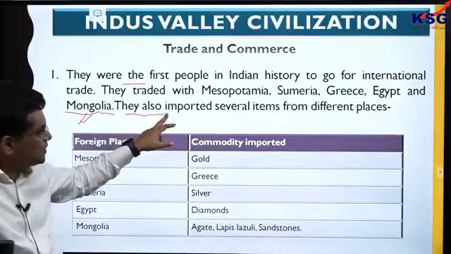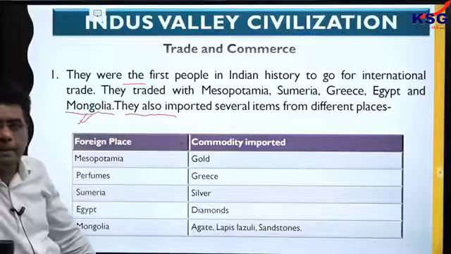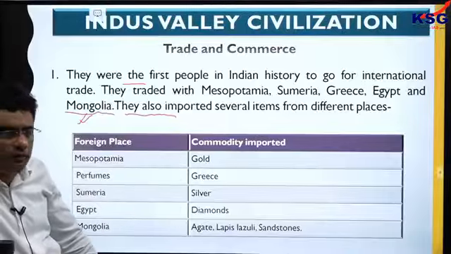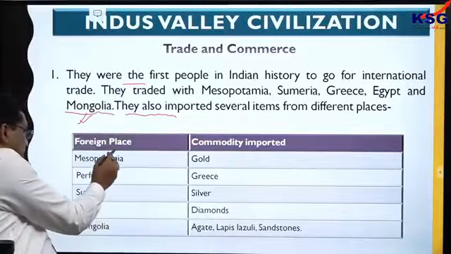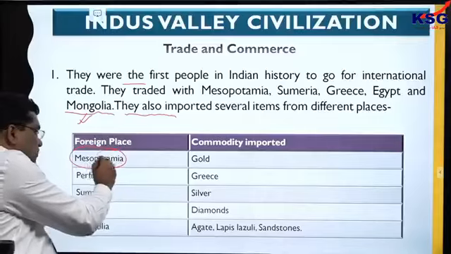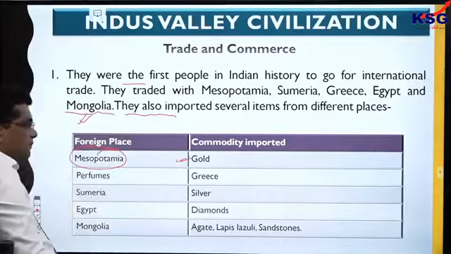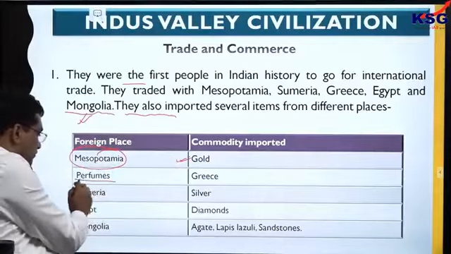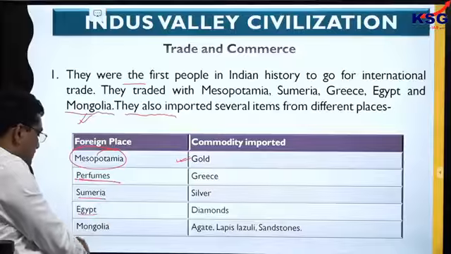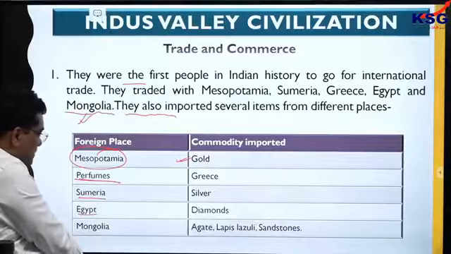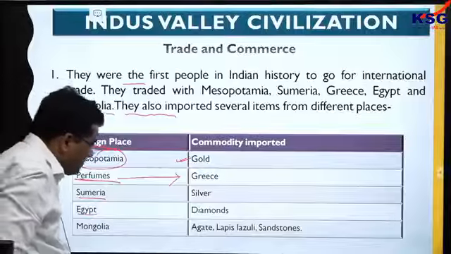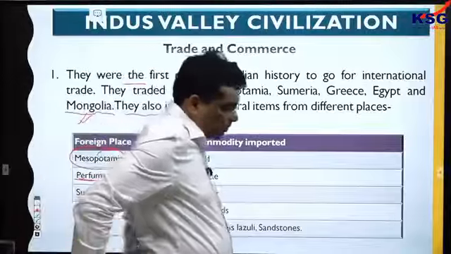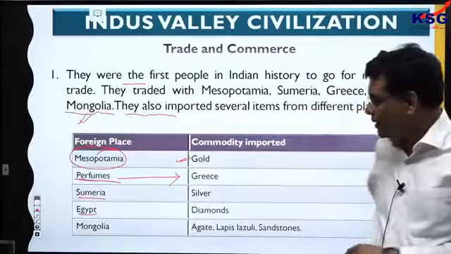They also imported several items from different places. For example, from Mesopotamia, they imported gold. Perfumes, they were very fashionable, they imported from Greece.